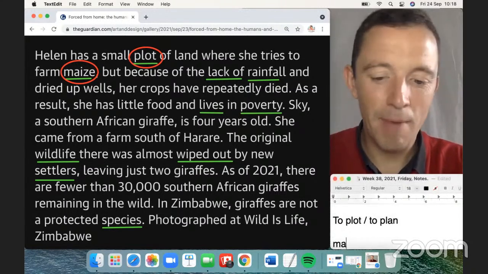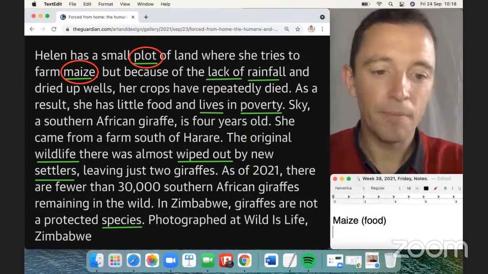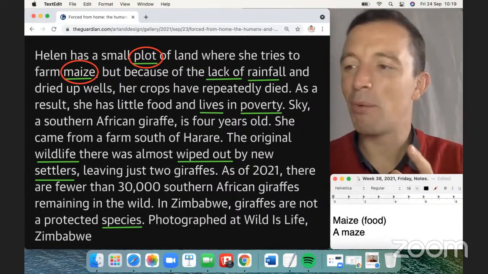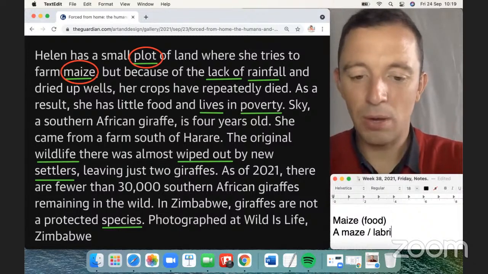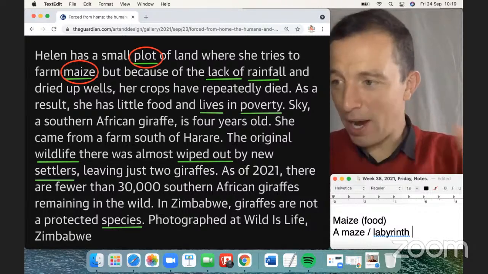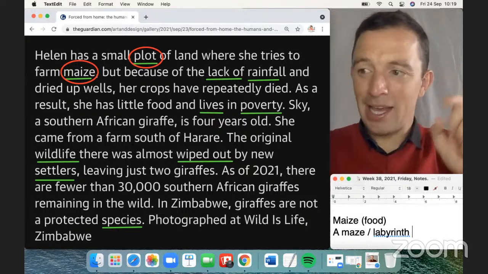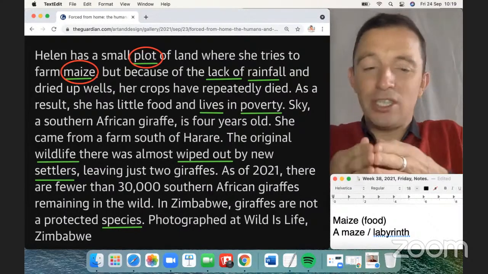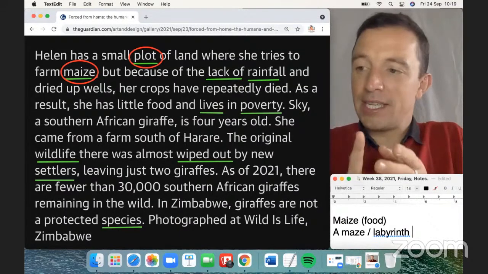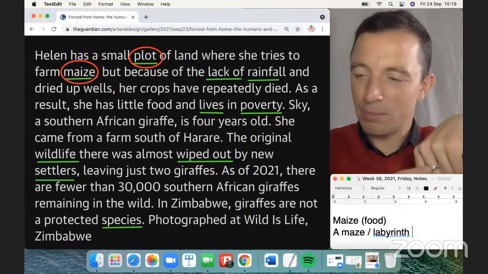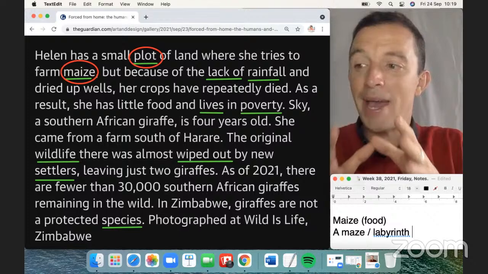So maize is the food, but a maze is like a labyrinth. I don't know if you're familiar with that word, a labyrinth. When you are a child, you go to the park and you have the playground, and the maze is the place you enter, and it's very difficult to exit because it's very confusing. It's impossible to escape. That is a maze.